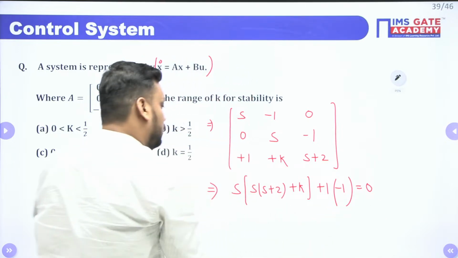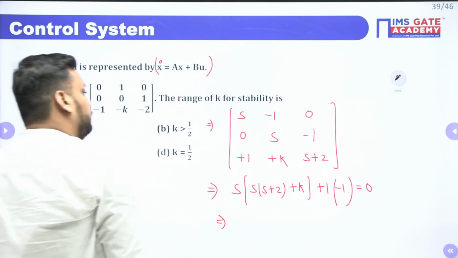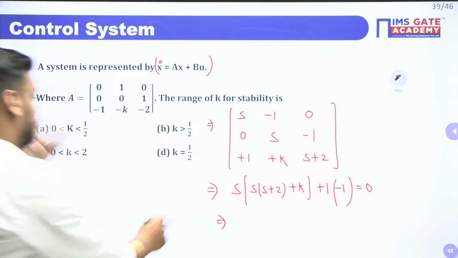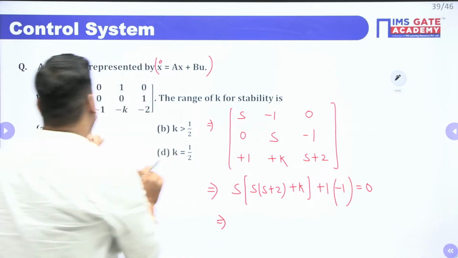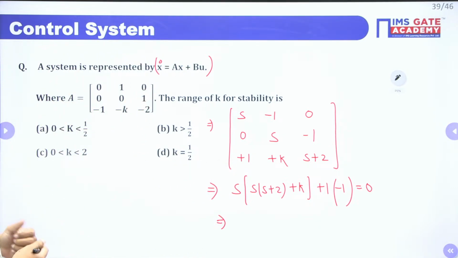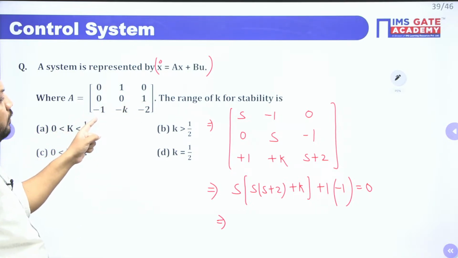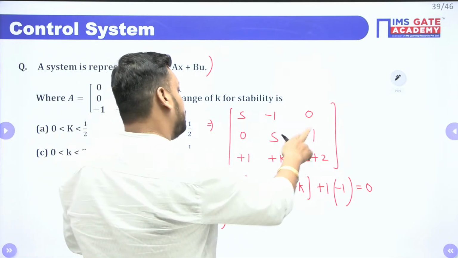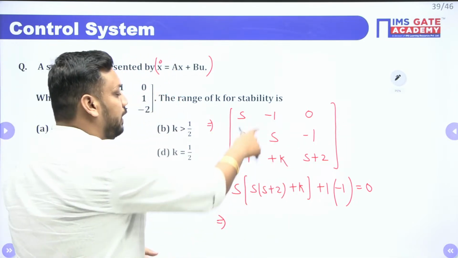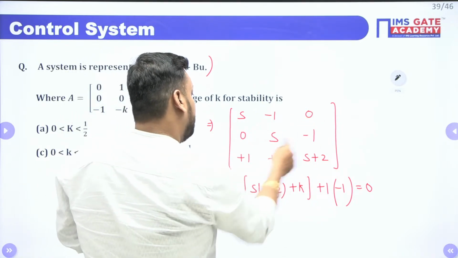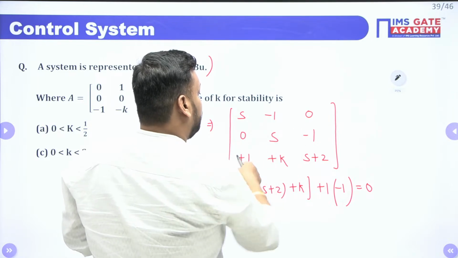Ultimately what will you get? Just let me know. It is plus 1. Plus 1, minus 1, sI minus A. So the diagonal element will affect the s value: s into (s plus 2), plus K, and the minus 1 value, and again minus sign, so plus 1, but this time 1 into minus 1 only, and this is 0 only.